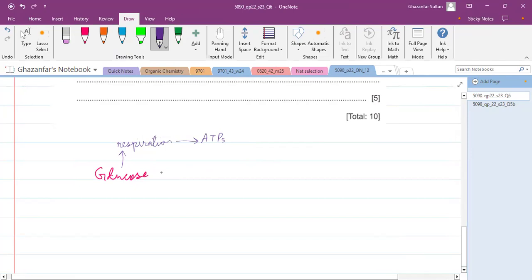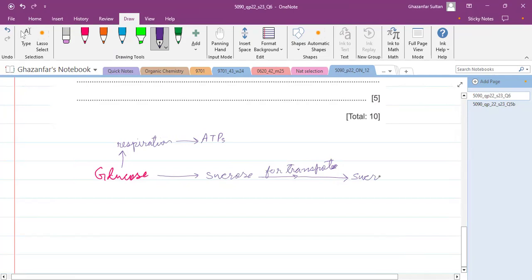But glucose is also converted into sucrose. Why? For transport. Because in the form of sucrose, carbohydrate is transported to different parts, and where there is a storage site, this is converted again into glucose.